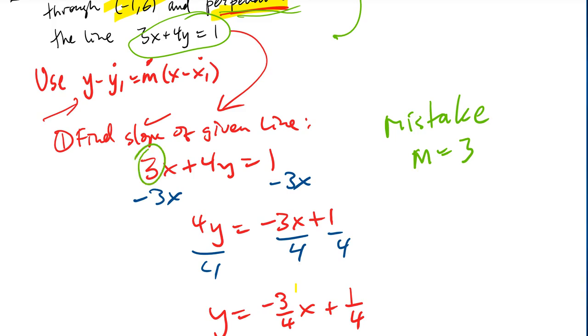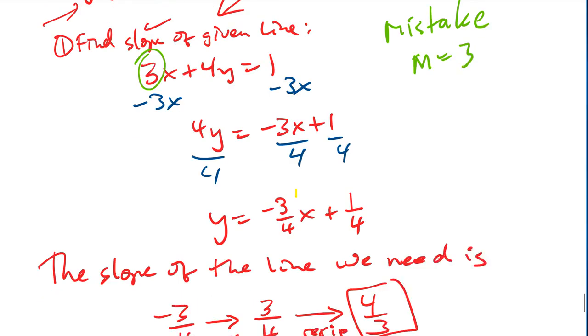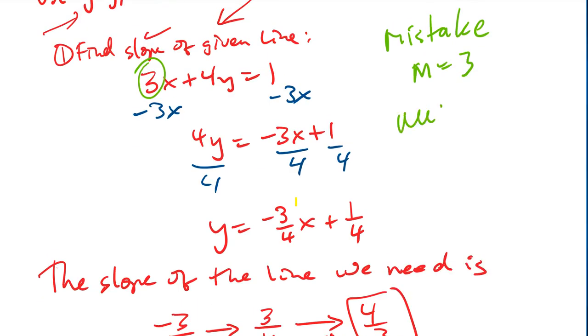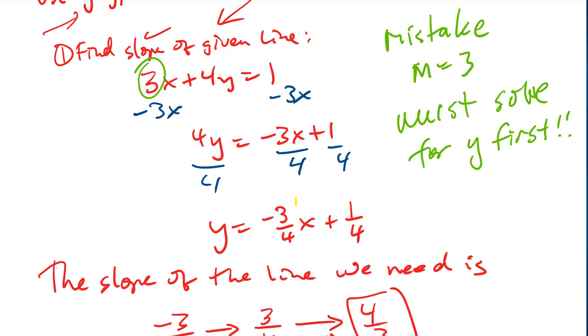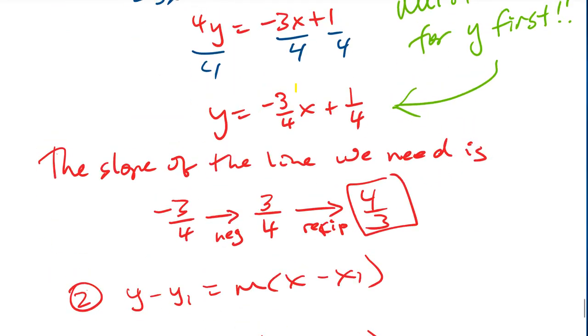They'll take the number in front of x, but the slope is only the number in front of x, the coefficient of x, if y is solved for. So you must solve for y first. Okay, and that's what we did. We solved for y, and then we got our slope.